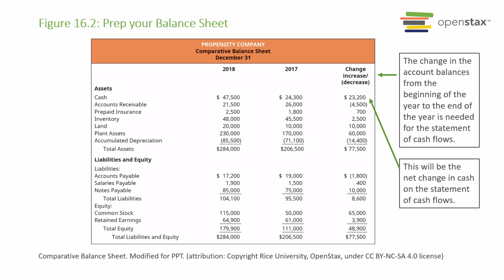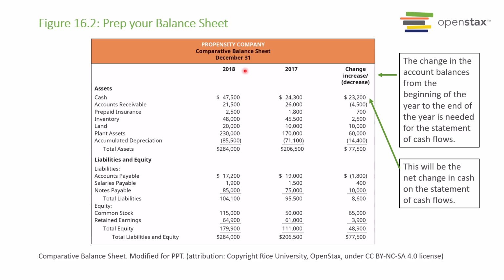And when you get your balance sheets, pay close attention to the order of your dates. Remember that sometimes the more recent date comes first, sometimes the older date comes first. And we want to prep this balance sheet with some information that we'll actually use in our cash flow statement.